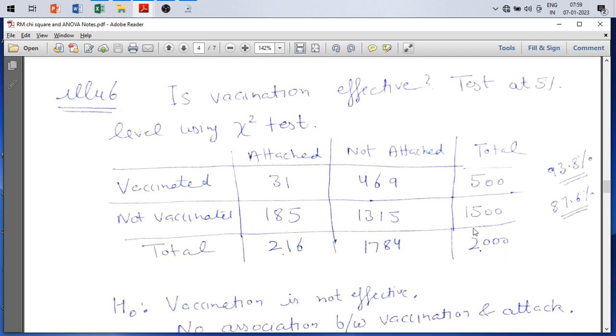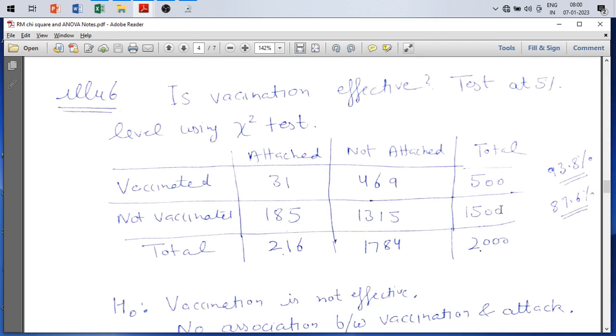There were a total of 2000 people, and out of 2000, 500 were vaccinated. They were given some vaccine. So you see, vaccinated total is 500. Out of 2000, 500 were vaccinated, and 1500 remaining were not vaccinated.